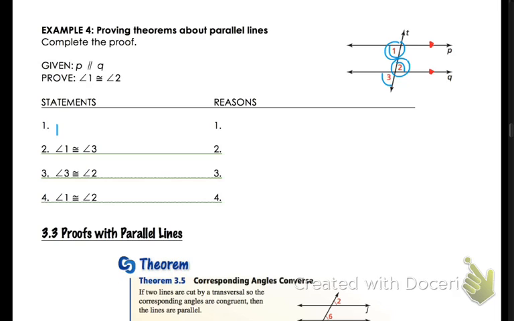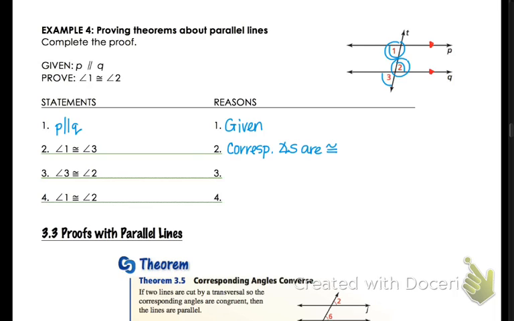So the given is that P is parallel to Q because given. So then angle 1 was congruent to angle 3. We already said that, and the reason for that was because corresponding angles are congruent. That's our reason.